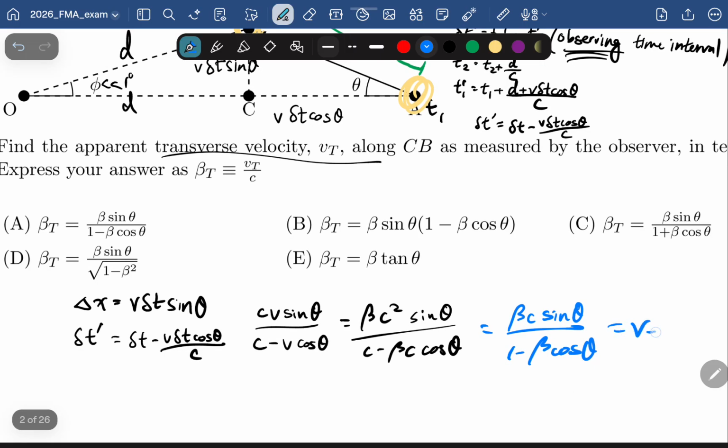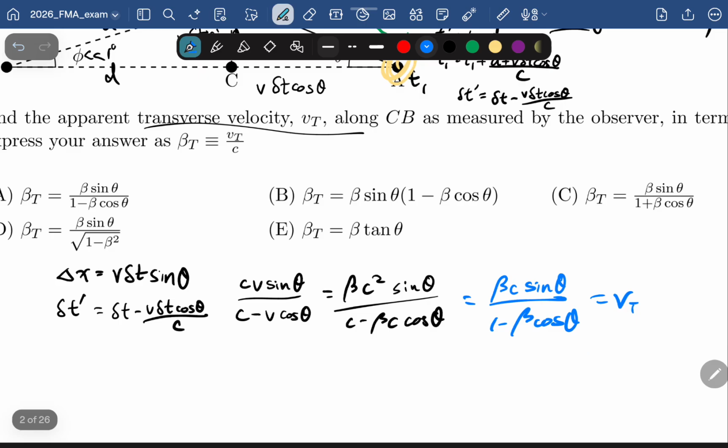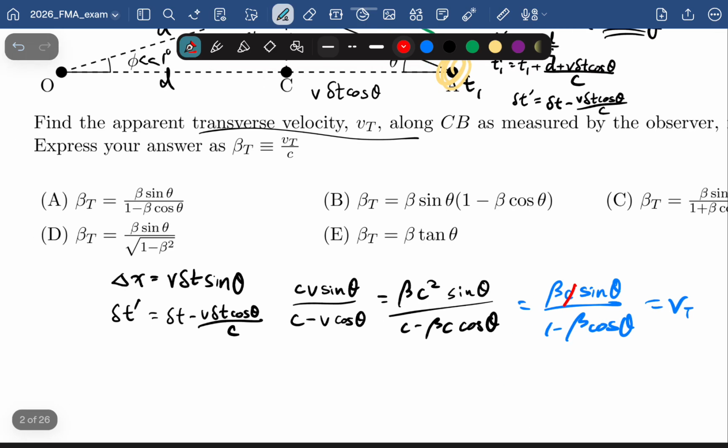And this is our transverse velocity. Phew. All we have to do now is divide by c, which cancels this part, and we have beta sine theta over 1 minus beta cosine theta. That corresponds to answer choice A.